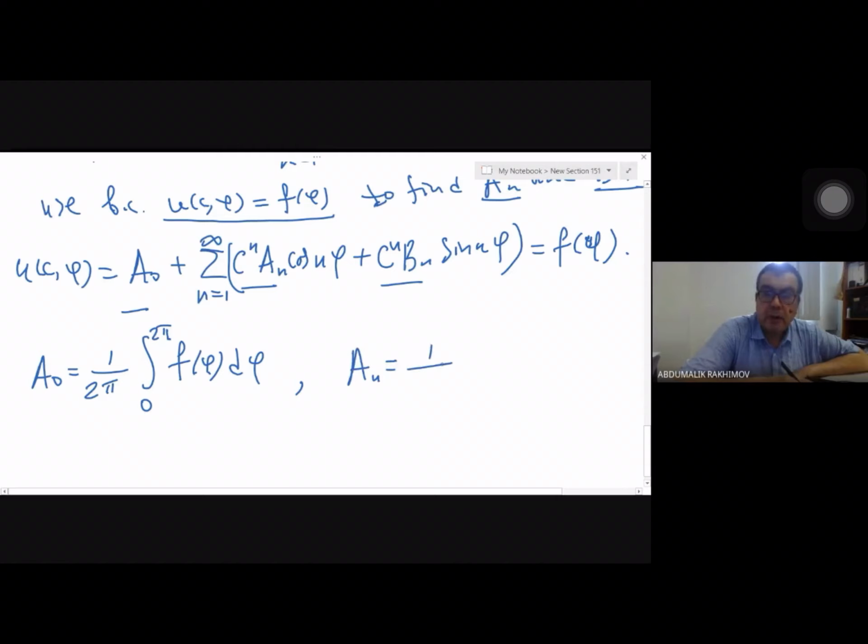An will be equal to 1 over Cn times pi, integral from 0 to 2 pi, F phi cosine n phi d phi.